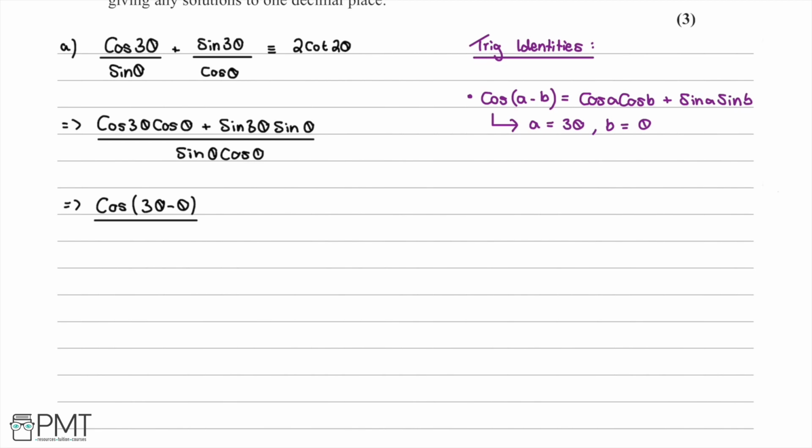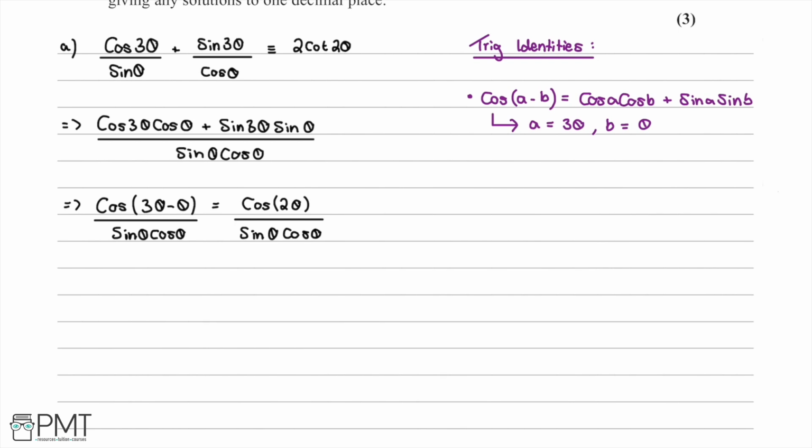It doesn't change, so that remains sine theta cos theta. Then we can tidy up the numerator, and that will be cos of 3 theta minus theta, which is cos of 2 theta. Again, the denominator stays the same, sine theta multiplied by cos theta.